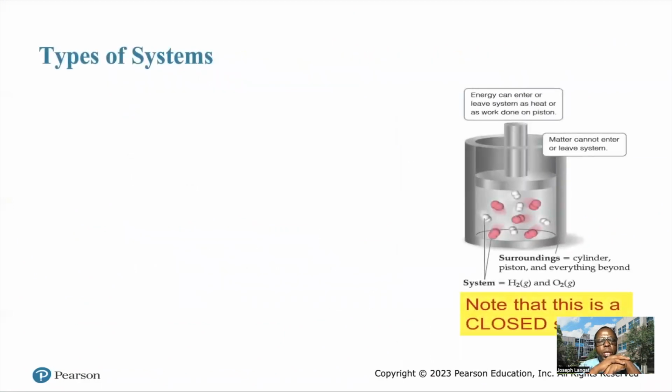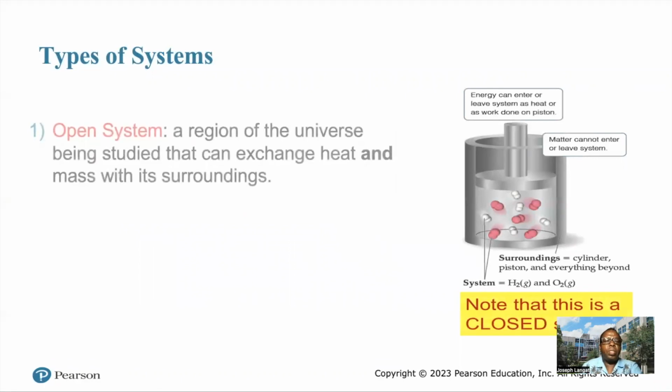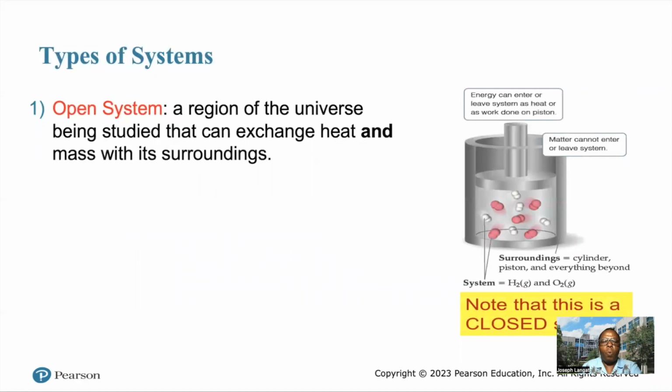Now, there are three types of system you need to understand. There is the open system, where there is exchange of heat and mass. So heat is lost by the system as well as the mass.